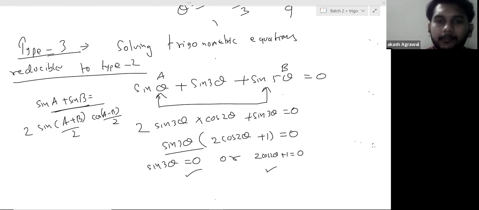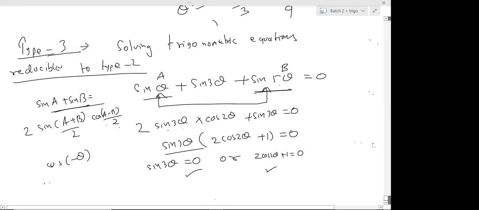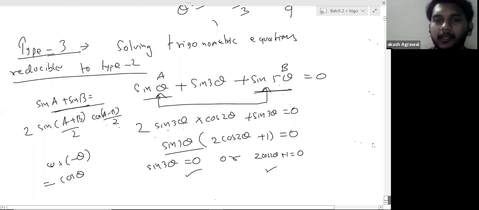I simply used the formula: sine A plus sine B is 2 sine of (A plus B) by 2. A is theta, B is 5 theta, theta plus 5 theta is 6 theta, by 2 is sine 3 theta, into cos of (A minus B) by 2. And Rahman, are you asking me why there is no negative sign? Because cos of negative theta is cos theta only, right? So I can remove the negative sign.